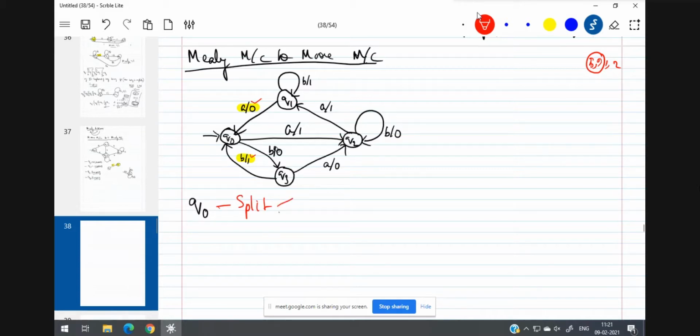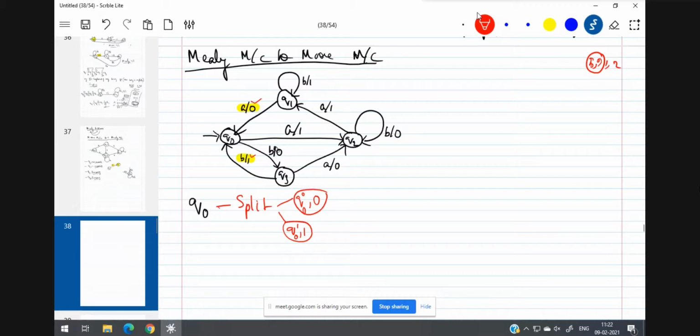I'll be splitting Q0 like this, which will indicate 0 as the output value. And then let me represent this Q0, which is associated with 1 as the output value.